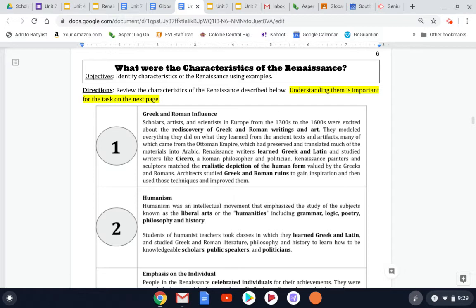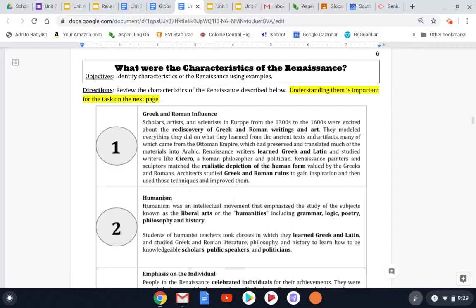We also found out that this rebirth starts in Italy because of their location on trade routes, where those old ancient classical ideas from the Greco-Roman times were preserved by the Islamic civilizations in the Ottoman Empire. The Ottoman Empire was around at the same time that Italy starts to trade more with them after the Crusades. So we learned a little bit about why that sets up the beginning of the Renaissance in Italy.